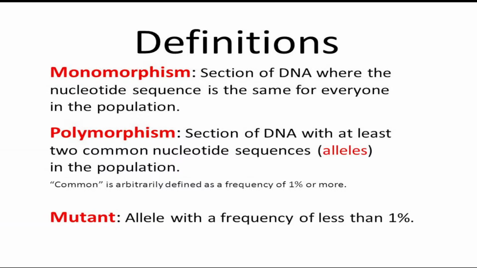The monomorphism, this is part of DNA where the nucleotide sequence is the same for everyone in the population. The polymorphism plays a very important role in evolution because it provides the variation of characteristics in organisms of a population.